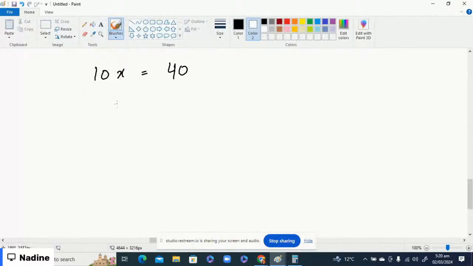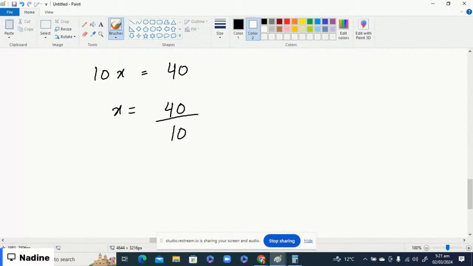Here it is multiplication. So x is here, 40 is here, this 10 is here multiplied. When it moves from left to right side, it becomes division.